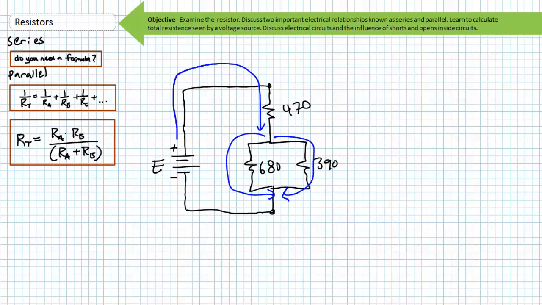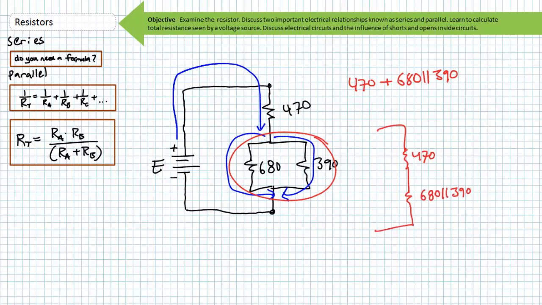What we could really think about this as is the 470 in series with the parallel combination of a 680 and 390. Symbolically, we could represent it like this, and graphically, we could represent it like this, where a 680 in parallel with a 390 is 680 times 390 divided by 680 plus 390, or 247.9 ohms.